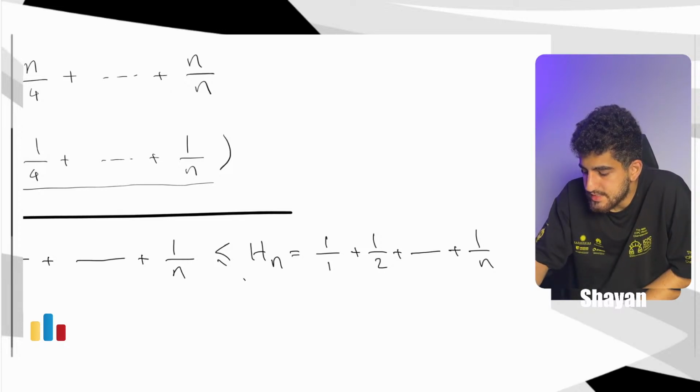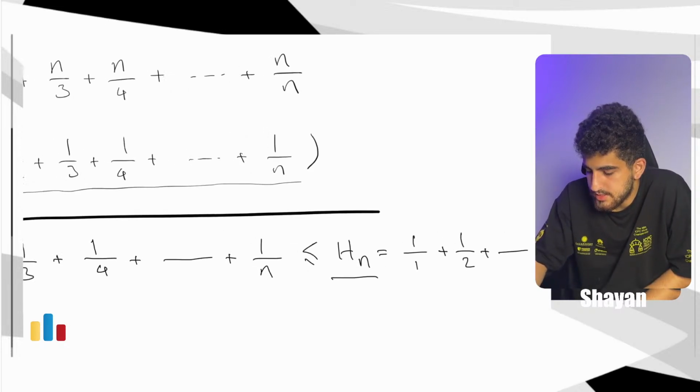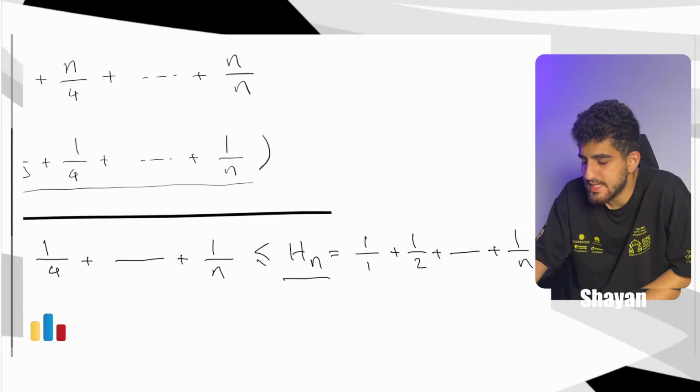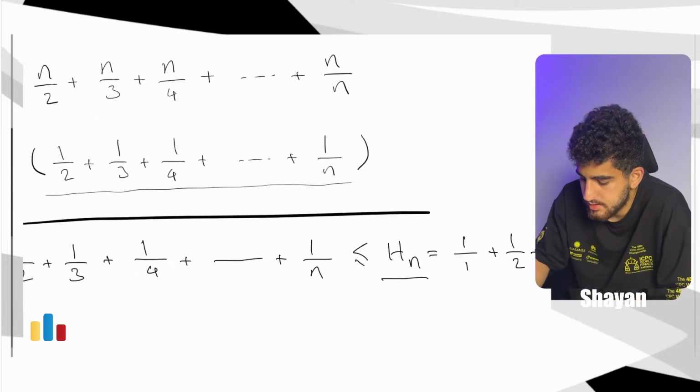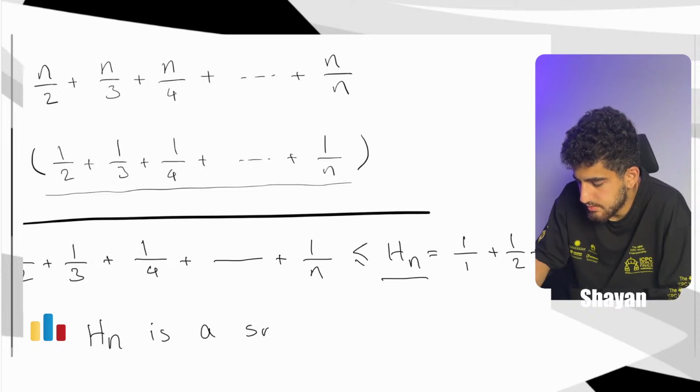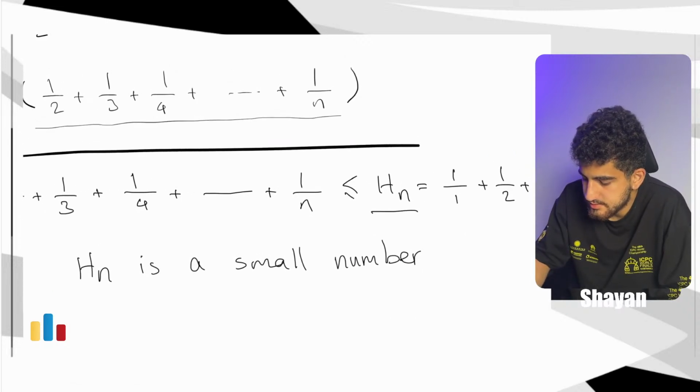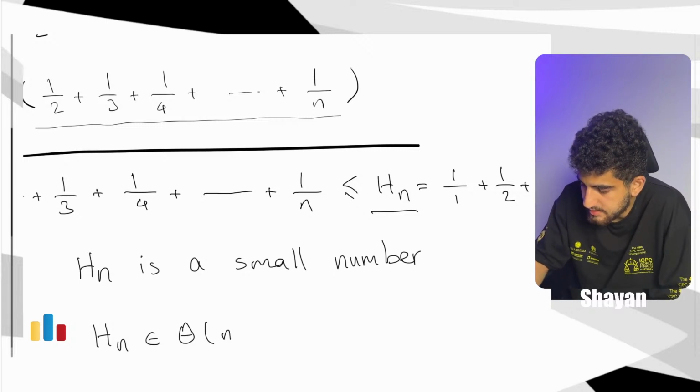I want to show that this H of n is a small number. Well, in fact, I want to show that H of n is from theta of log n.